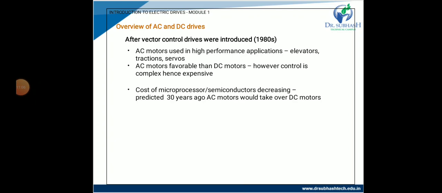AC motor is favorable over DC motor. However, control is complex and hence expensive. Cost of microprocessors and semiconductors is decreasing.